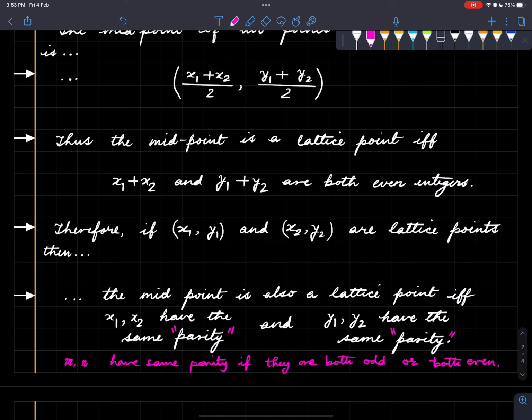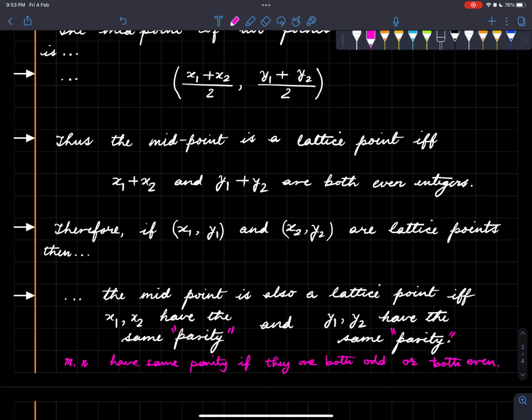So parity of an integer is just the evenness or the oddness of the integer. That's it. If two integers are both even, then we'll say that they have the same parity. If they are both odd, then also the same parity. If one is even, the other is odd, then they have the opposite parity.